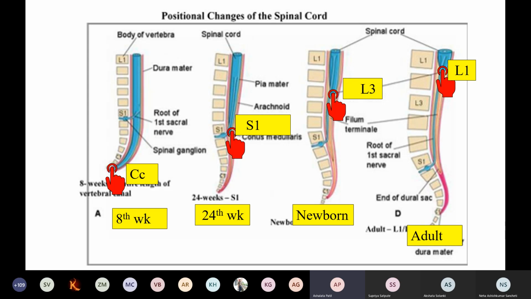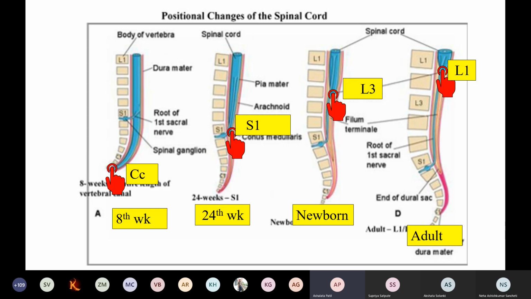By the 24th week, it comes to lie at the first sacral vertebra, that is, the spinal cord ends at the level of the first sacral vertebra. Further, in the newborn the spinal cord ends at the level of L3 vertebra, and in adults it ends at the level of L1.